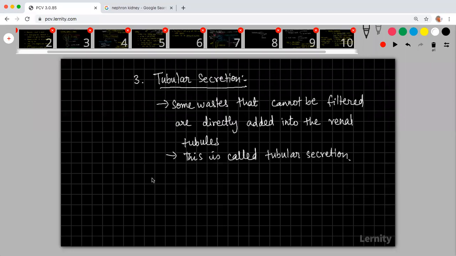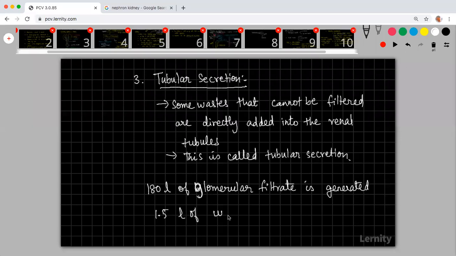Please understand, in a day, approximately 180 liters of glomerular filtrate is generated, and 1.5 liters of urine is passed. Which means that 178.5 liters is reabsorbed.